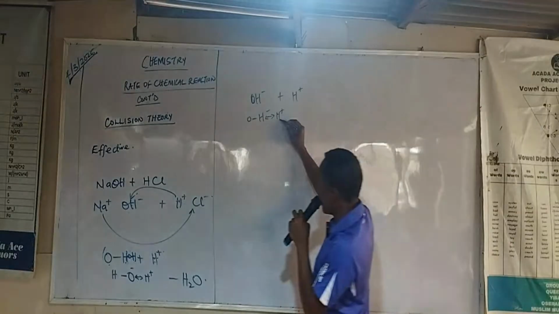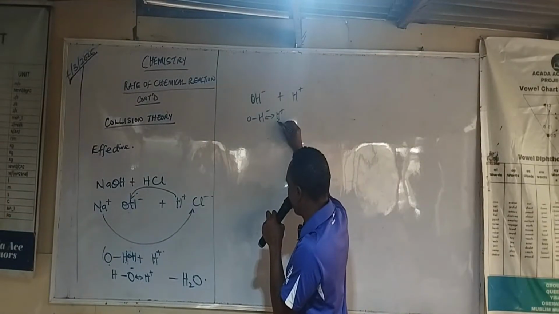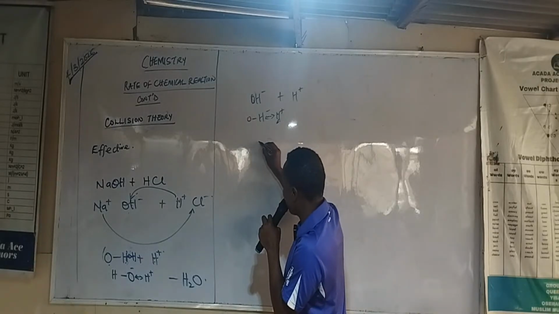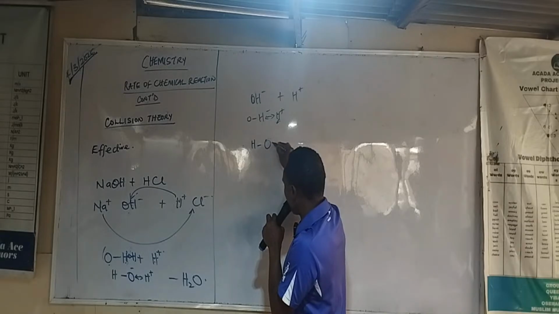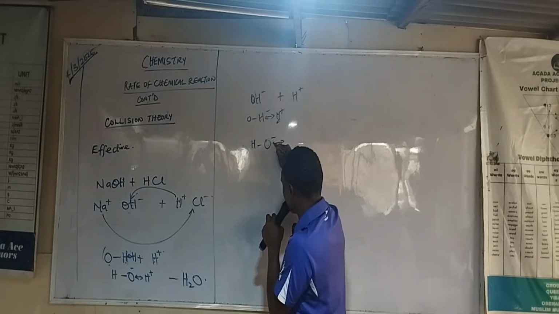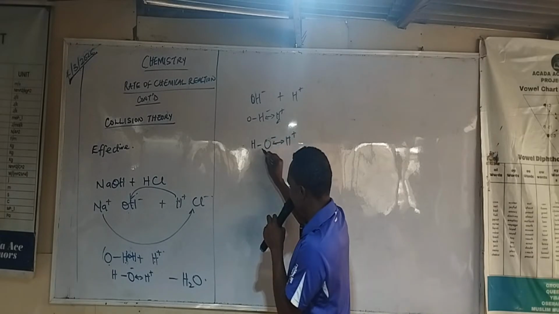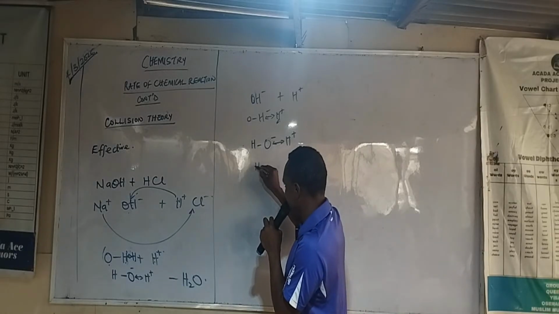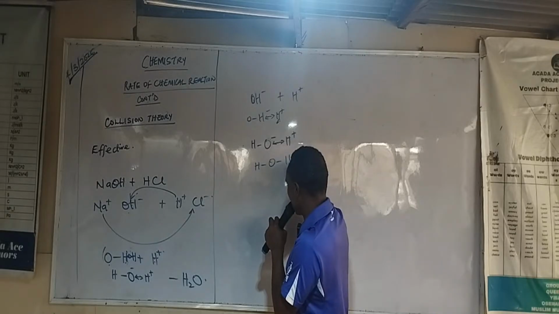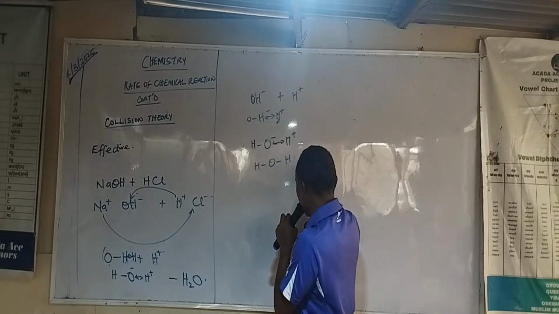Rather, the facet of bonding for the hydrogen ion here, which we call the proton, is supposed to be at the end point, such that the collision should happen here. If the collision happens at this point, in this orientation, we are going to have H and O like this, making H2O.